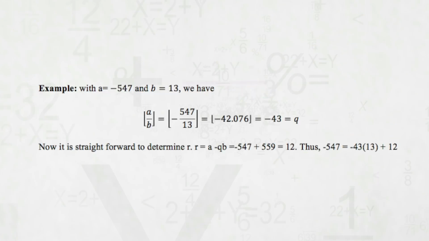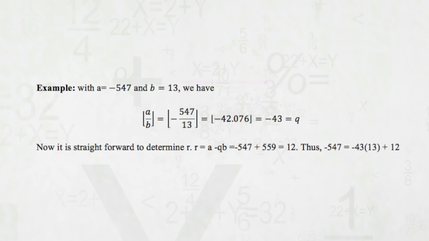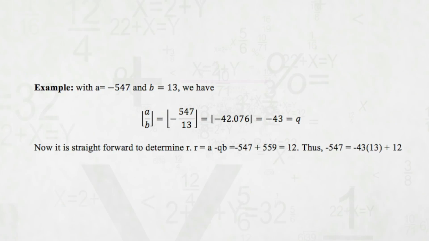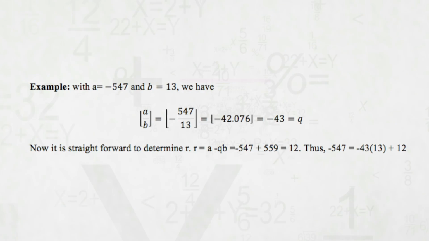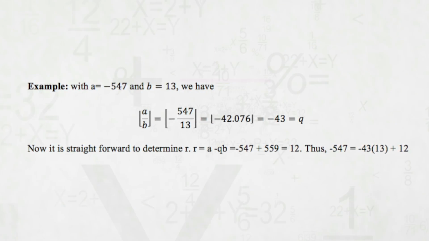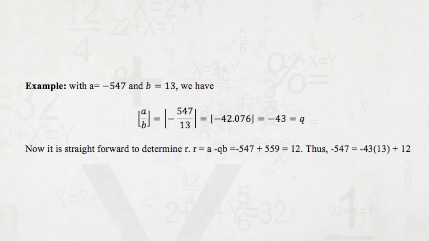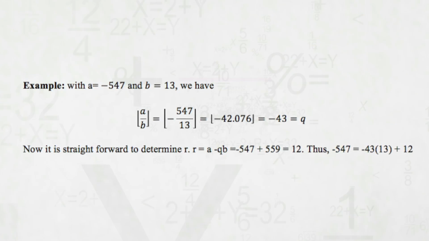We shall see an example. If A is equal to minus 547 and B is equal to 13, then we have ceil of A by B is equal to minus 547 divided by 13, that gives us minus 43, that is equal to Q. Now, it is straightforward to determine R. R is equal to A minus QB, that is equal to minus 547 plus 559, that is equal to 12.